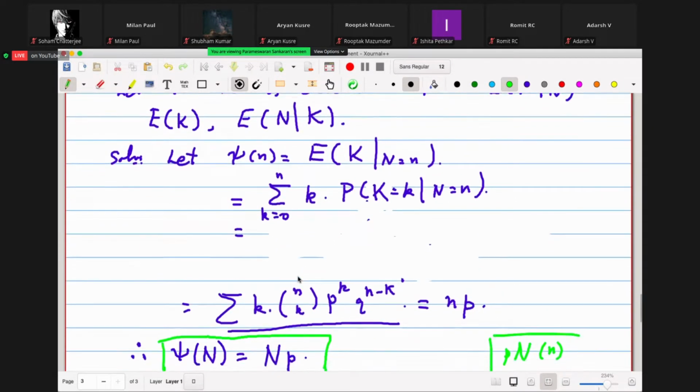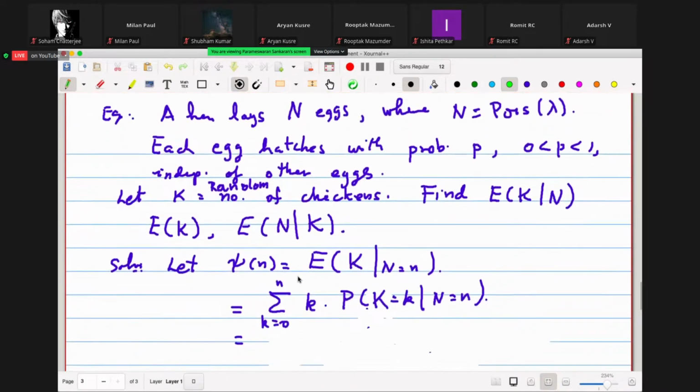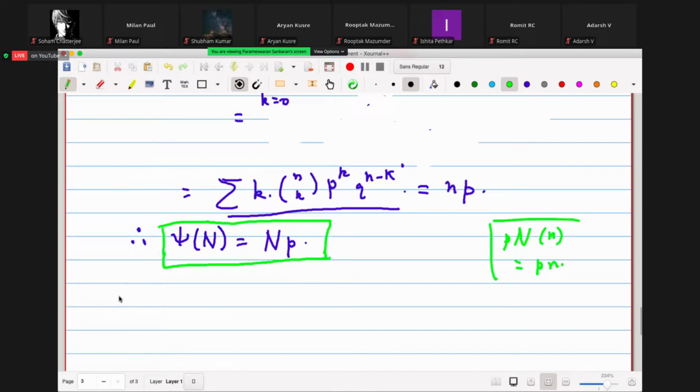And now you can compute the expectation of K given N. Therefore, expectation of psi of N, you can write like this, which is the same thing as expectation of K given N. This is what was asked, one of the things that needed to be computed.